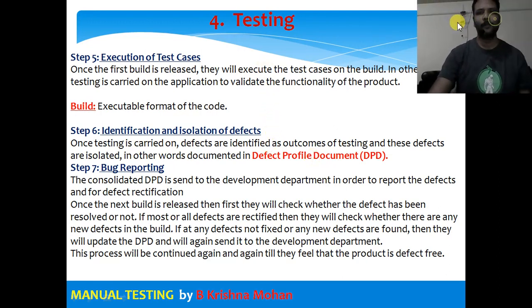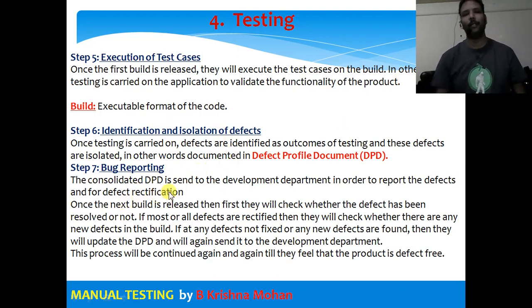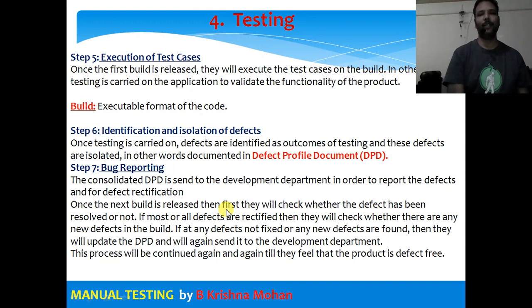Then bug reporting: the defects documented in the defect profile document have to be reported to the development department. The development team will fix that defect and release a new build.